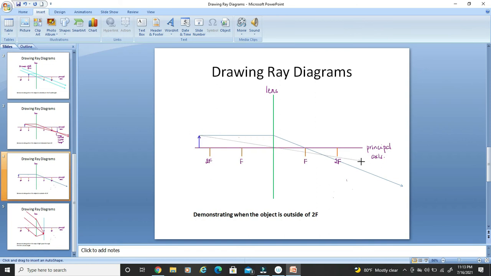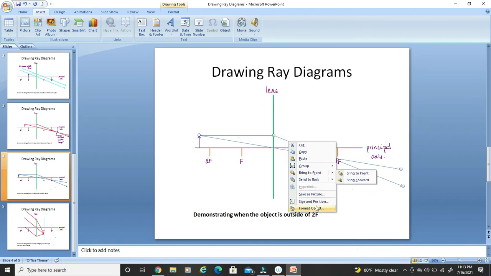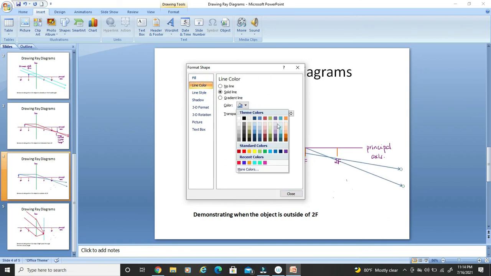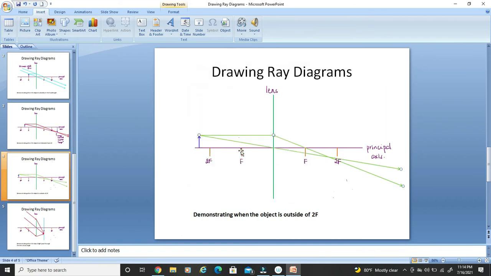And the second ray will move diagonally through the optical center and they coincide again. As you can see, the image is smaller, it's real, and it falls between the focal point and twice the focal point, on the right hand side of the lens.